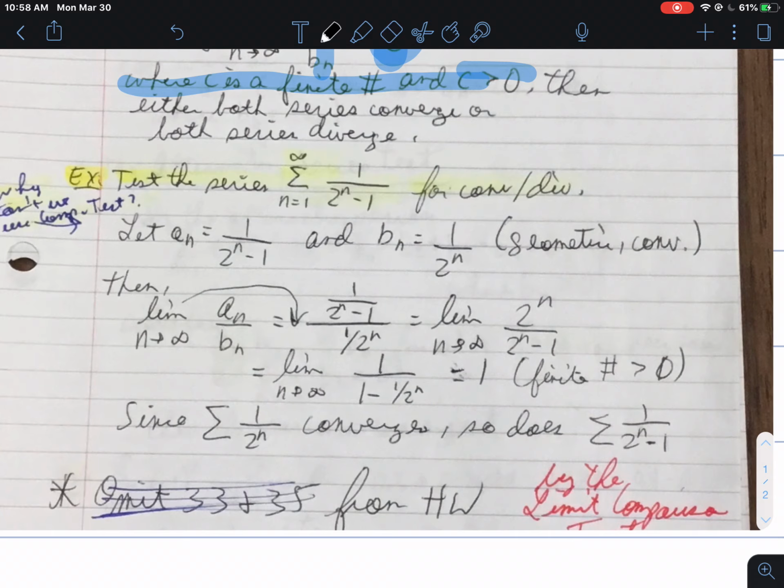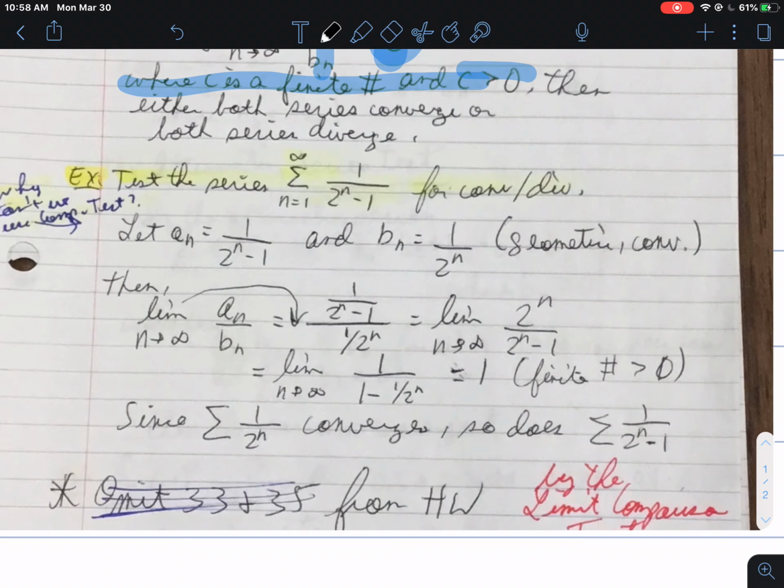So then the next best option is the limit comparison test. Right? So that's what we're doing in this case. So that's kind of your telltale. How do I determine which comparison test to use? Try direct comparison first. If it doesn't work, if I don't have the right comparison between my series and the known series, try the limit comparison test.